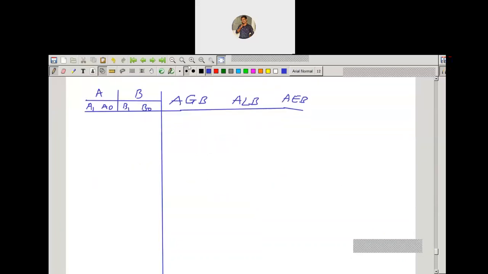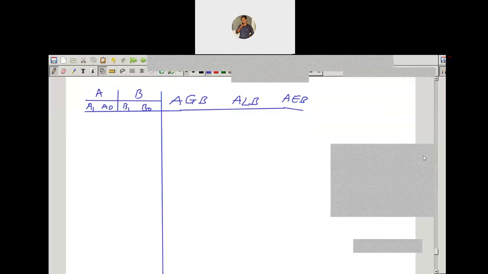Now, could anybody answer me? How many input combinations can we have here? Please post your answer, everybody. You can observe how many input bits are there.